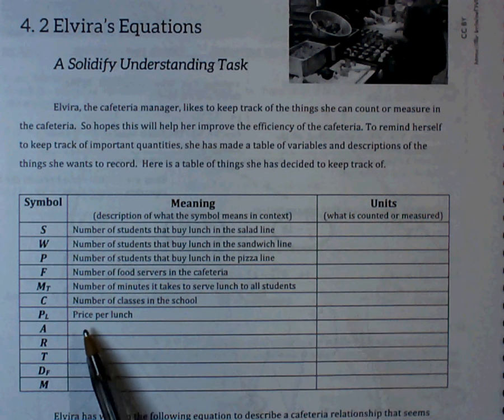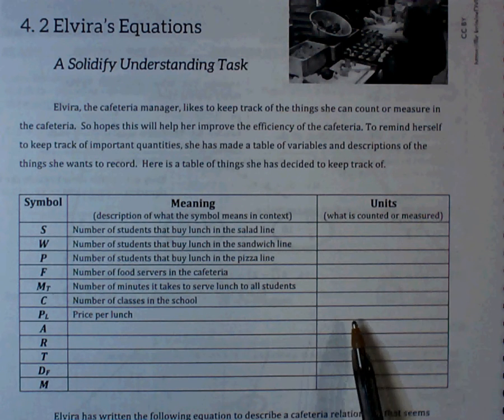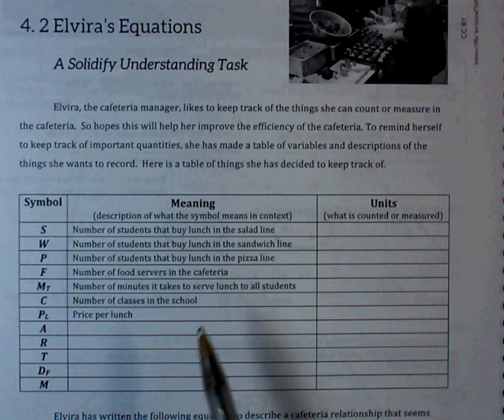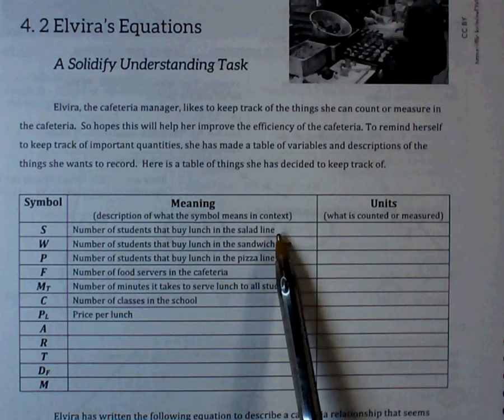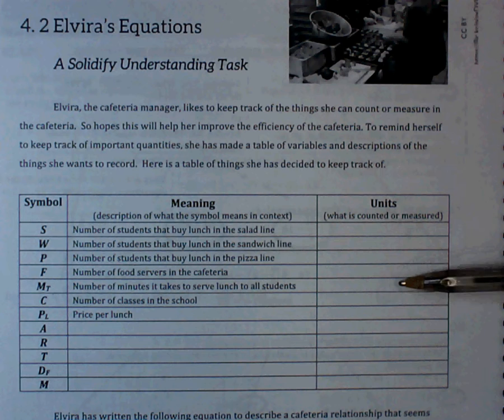And then P sub L, price per lunch. So what are the units there of price per lunch? And then it has some more letters which we're going to get to later. Okay, so take some time, talk to a partner, come up with some ideas for what the units could be here.